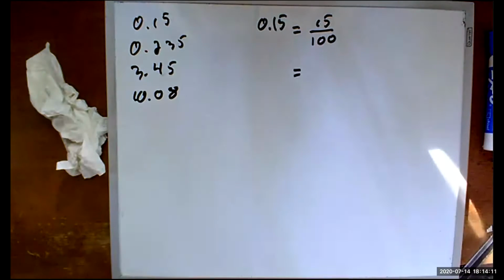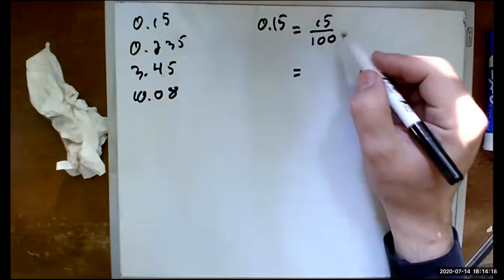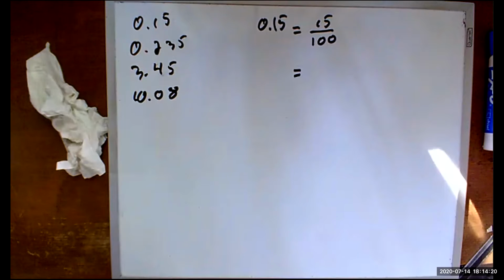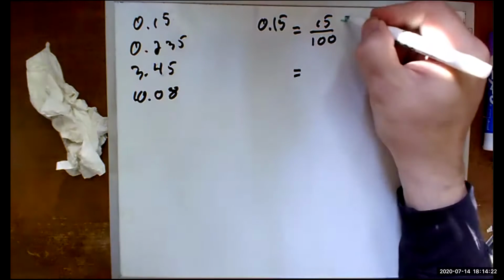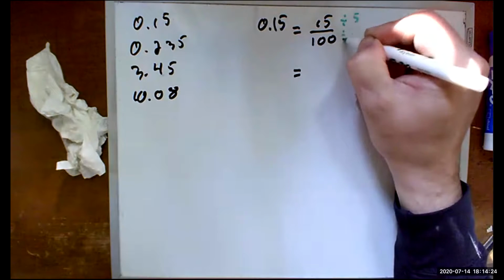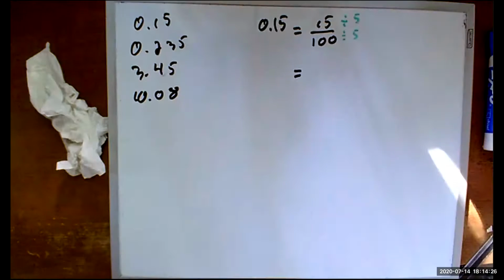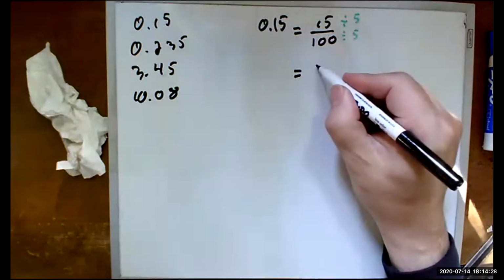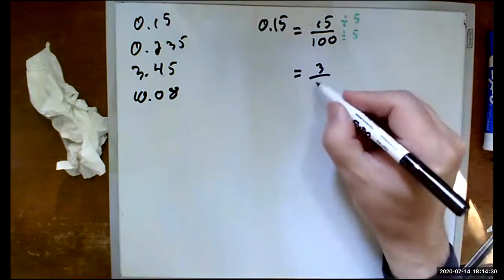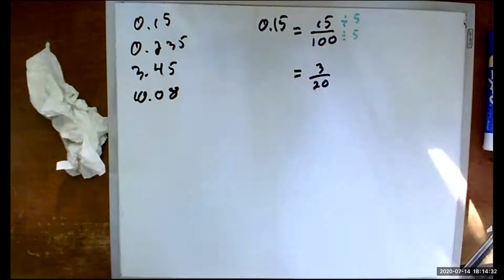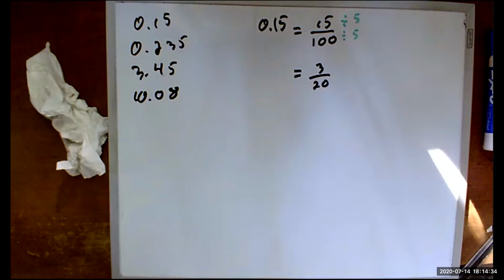Once I'm in this position where I have the 15 over 100, I'm going to reduce that to its lowest terms. I note that both 15 and 100 can divide by 5, so I will divide by 5 on top and on bottom. 15 divided by 5 is 3. 100 divided by 5 is 20. And that's as simple as I can make it.